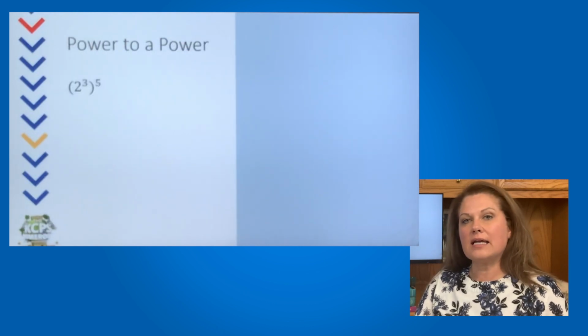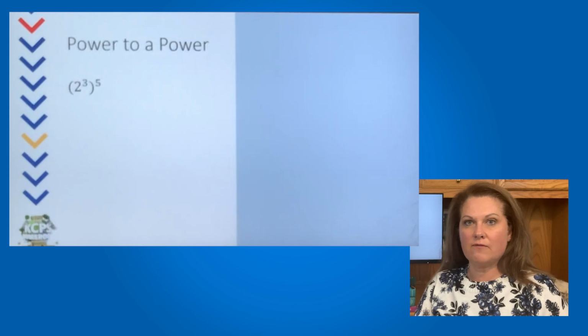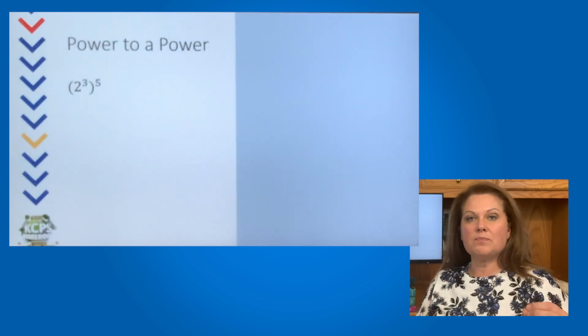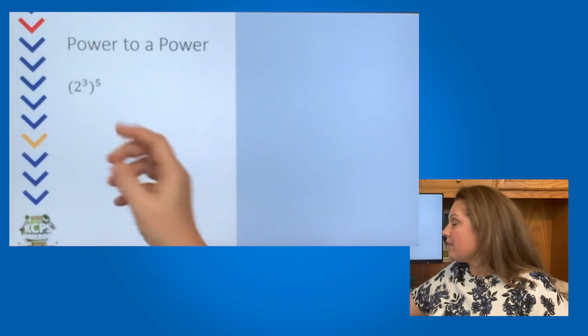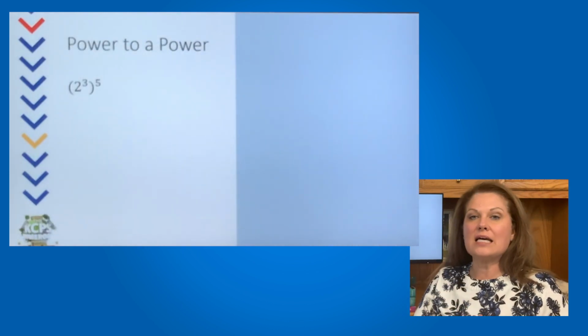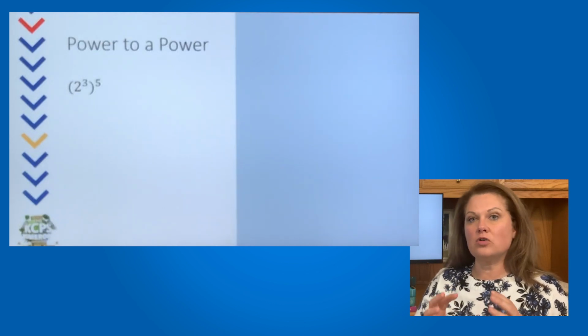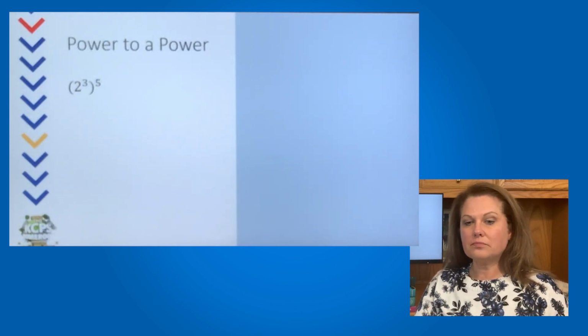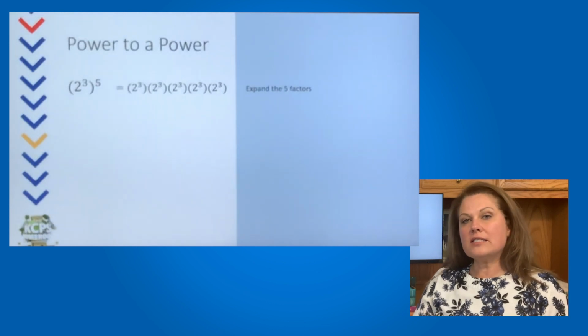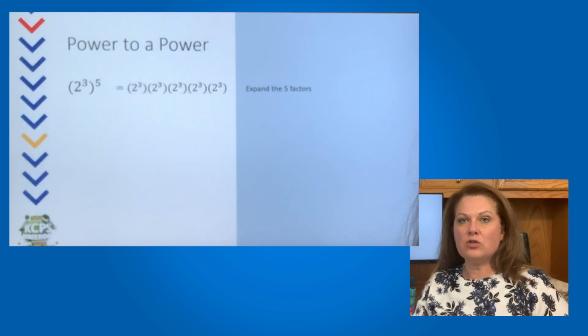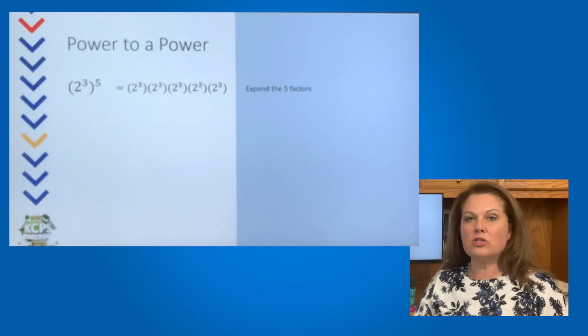Our second example is 2 to the 3rd to the 5th. Now, if we expand that out, remember our 5 is going to tell us how many times to write our base. And our base is inside the parentheses, the 2 to the 3rd power. So in expanded form, it would be 2 to the 3rd times 2 to the 3rd times 2 to the 3rd times 2 to the 3rd times 2 to the 3rd.